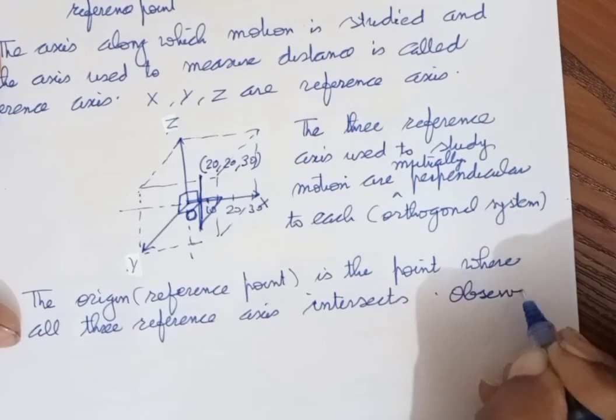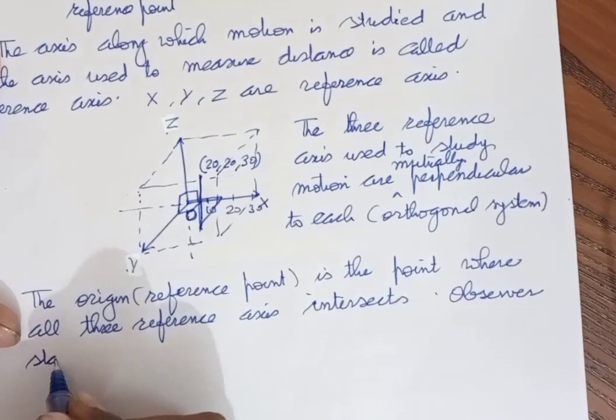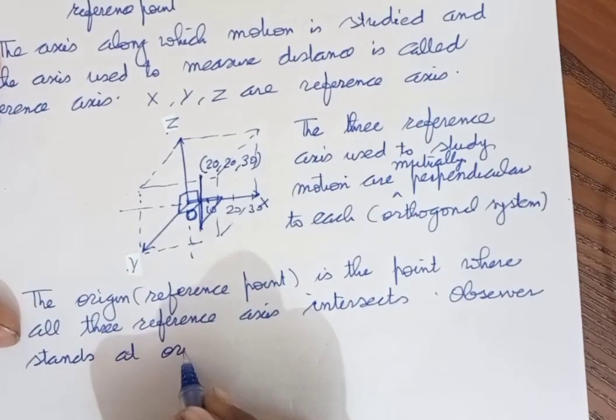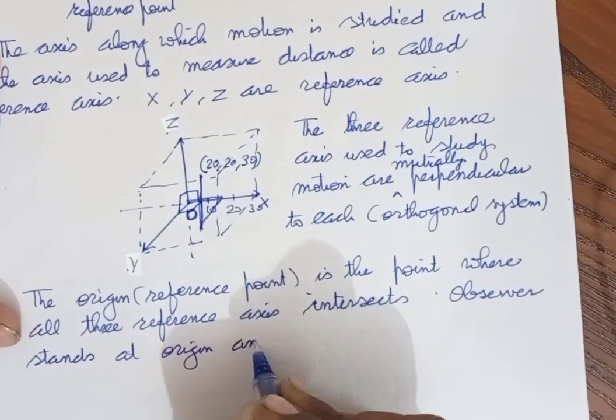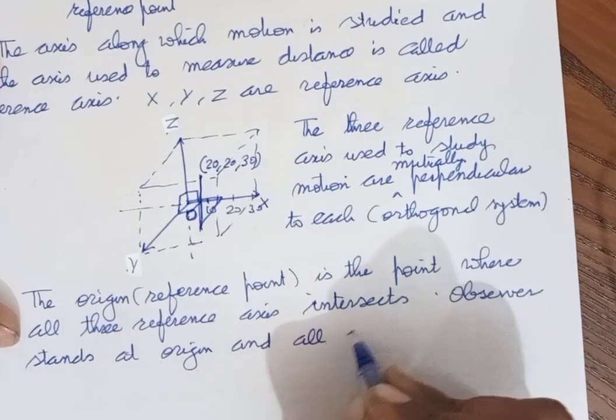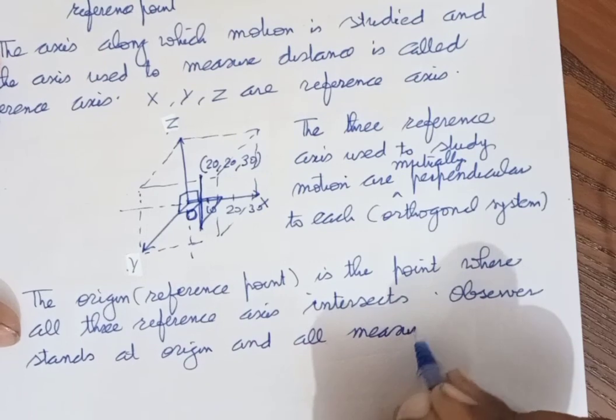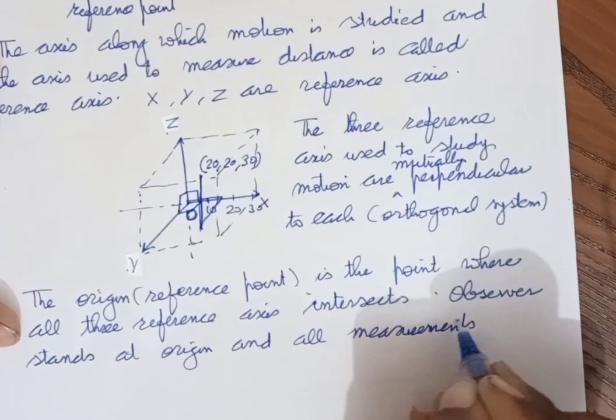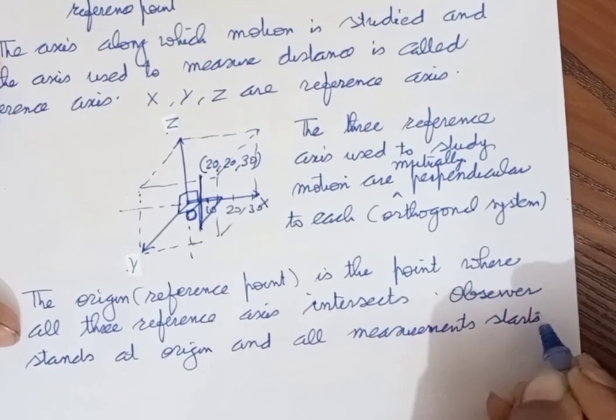Observer stands at origin and all measurements starts from origin.